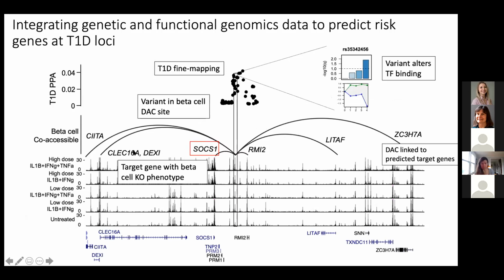This locus has actually been studied previously and argued that maybe this DEXI gene is responsible for the signal. But among the genes that are linked to the site is SOX13, which is a gene that in the CRISPR screen, when knocked out, increases cell death in response to cytokines. So we can layer all these pieces of information together to hypothesize what we think the mechanism of this locus might be.